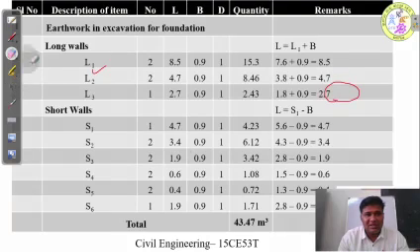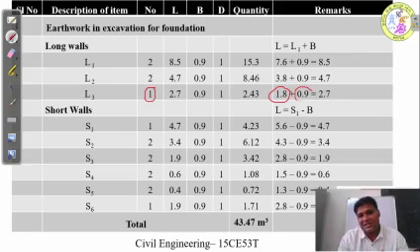So here the number is 1 and the length is 1.8 plus 0.9 meter breadth. So 1.8 plus 0.9 will give me 2.7. I am going to write this length here, and the width of excavation is 0.9 meter, depth is 1. So 1 into 2.7 into 0.9 into 1 will give me 2.43, the volume of the long wall L3.